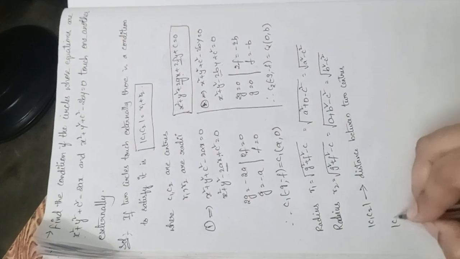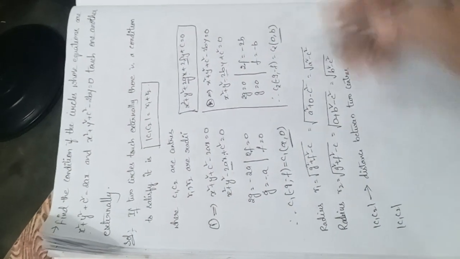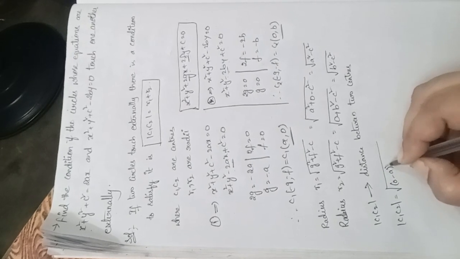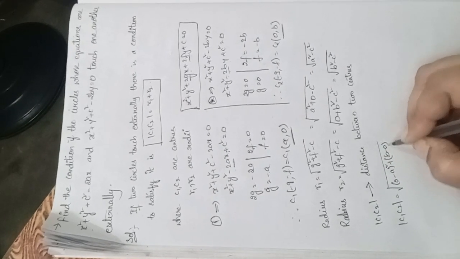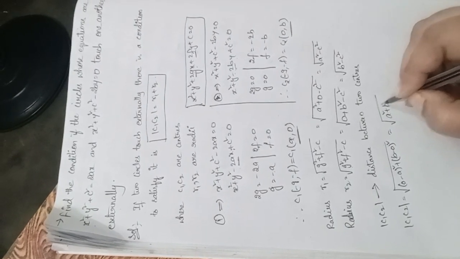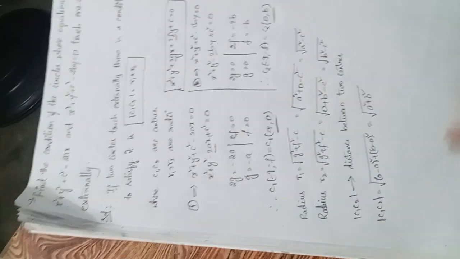Using the points C1 and C2, we get root of 0 minus a whole square plus b minus 0 whole square, which equals root of a square plus b square. This is the distance between the two centers.